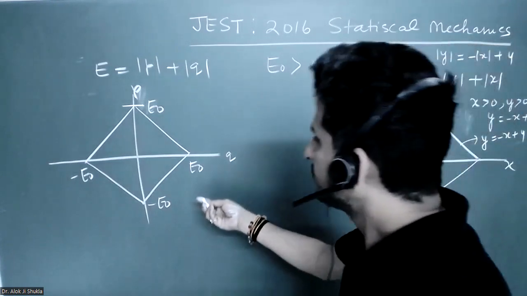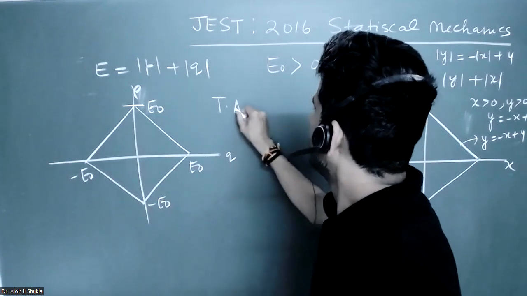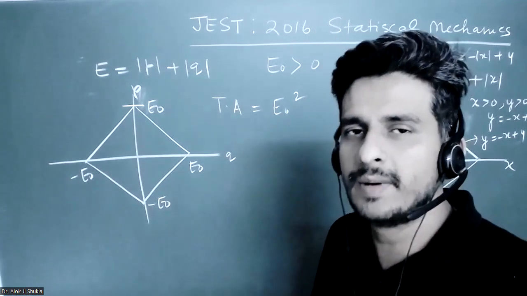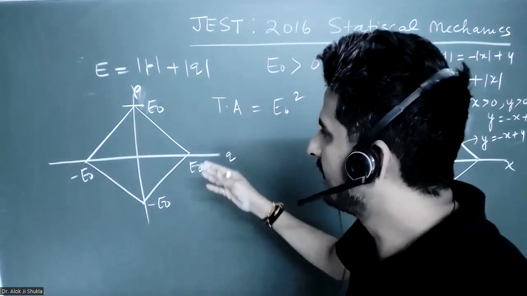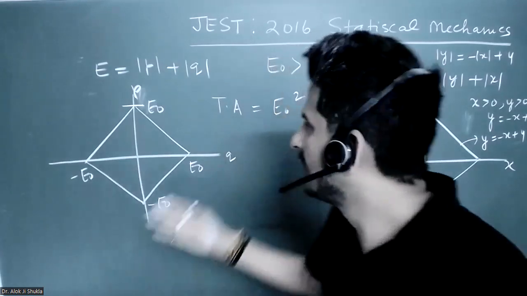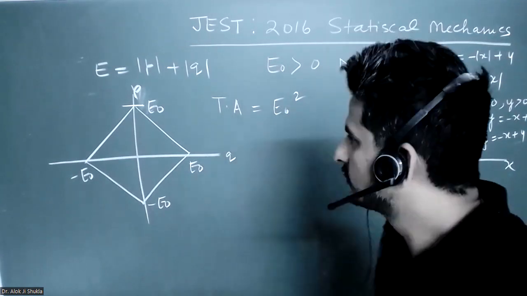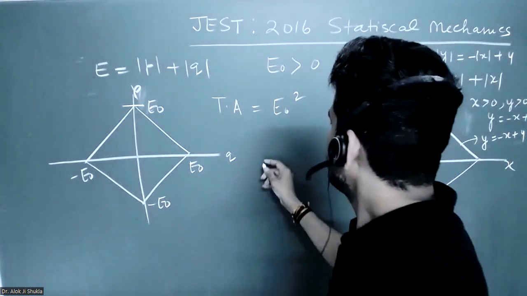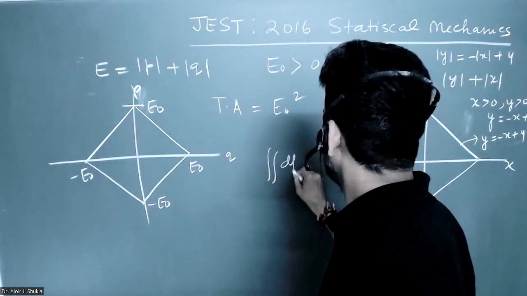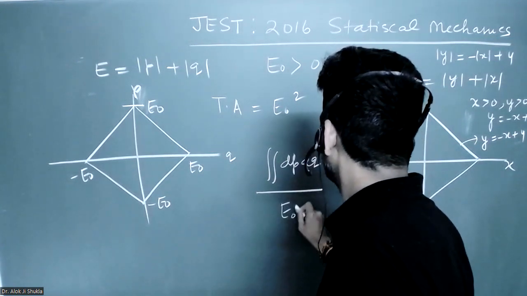Clearly, the total area of the phase space is E square. That is for sure, right? For a small probability, I will divide the area of a small phase space volume by the total phase space area. Let me write it: the small one is dp dq, divided by the total, E square.